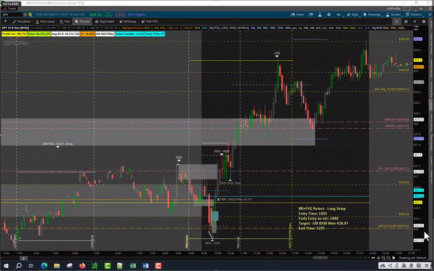So pretty much we have it nailed down right here. That's the confirmation entry, a very high level trade, or early entry right here. Here's our target right there. So it's very solid logic right there.